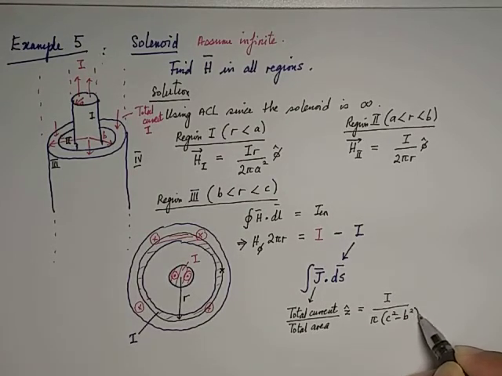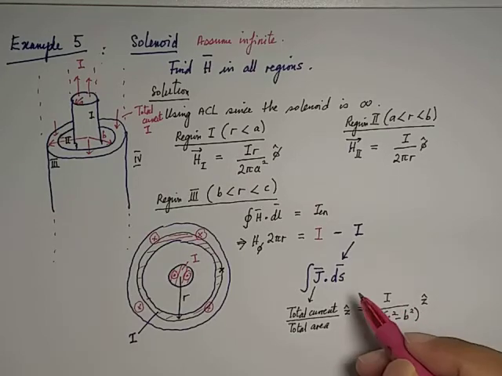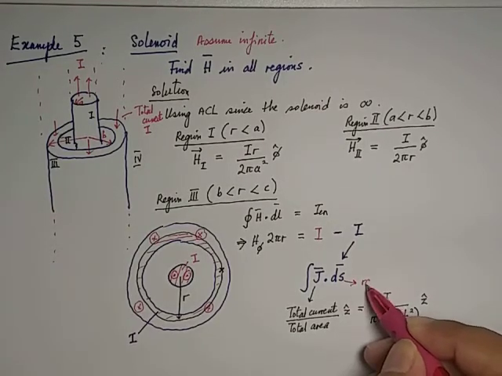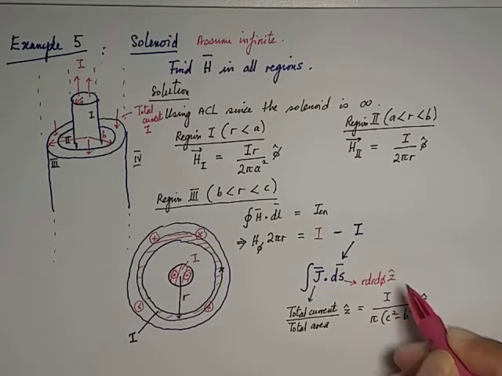That should be our total area, Z direction. Okay, that's done. Now, what should be our ds? Our ds should be r dr dphi in Z direction as well, correct?